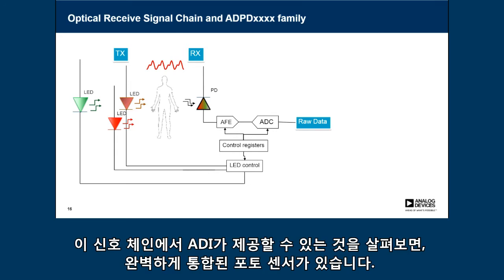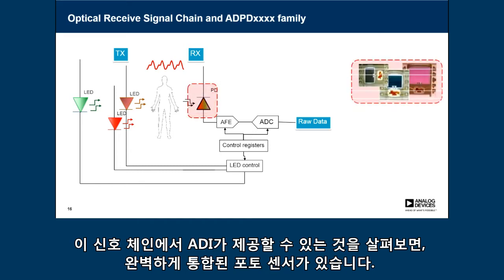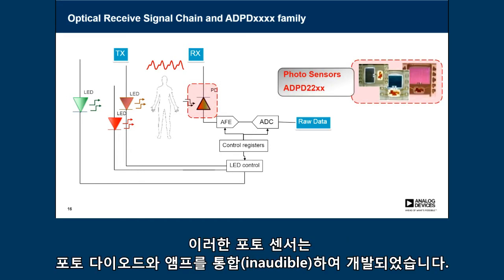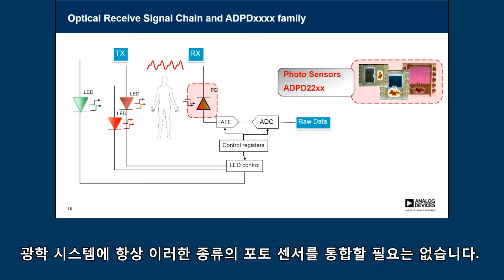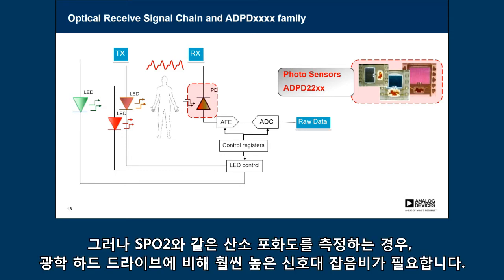Looking at what Analog Devices can offer in this signal chain, we have completely integrated photo sensors. Those photo sensors have been developed with a photodiode followed by a current-to-current amplifier, so very low noise. It's not always needed to have those kinds of integrated photo sensors in an optical system, but if you would like to measure, for instance, SpO2, so oxygen saturation, you need a much higher signal-to-noise ratio compared to just optical heart rate.